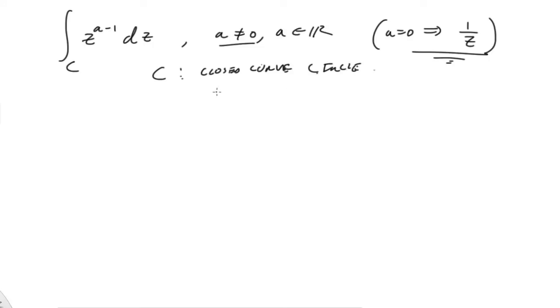Now it's going to be of the form z of theta equals r e to the i theta. And what is theta going to range from? We're going to range theta from negative pi all the way up to pi. Okay, so let's get a graph here of what's going on.